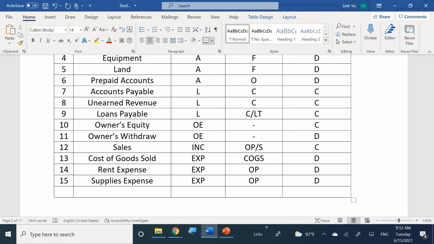Good. Okay. All right. So this one, just for understanding these accounts, I will give you descriptions of what each account is, so you don't need to worry about that.